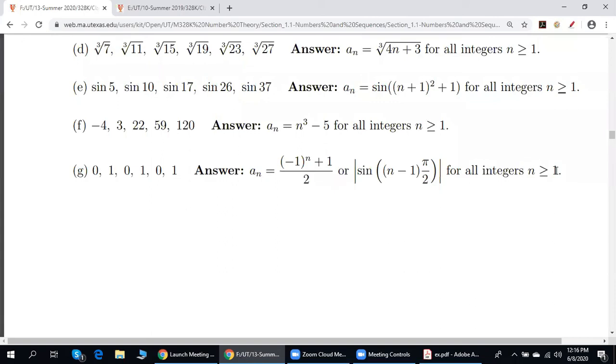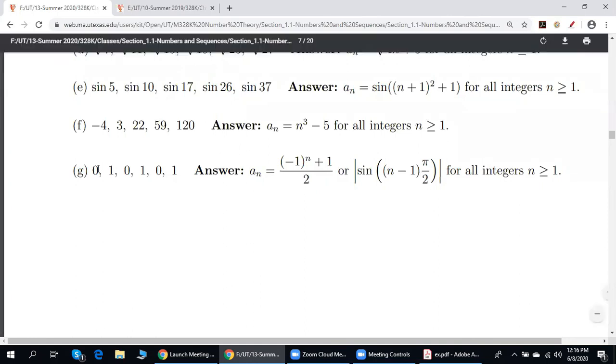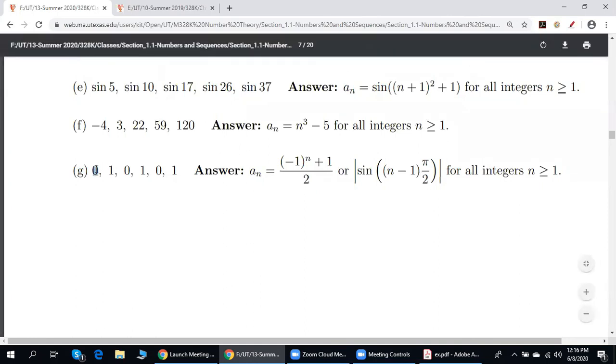If n is equal to 1, we have sine of 0, which is 0. We start with 0. If n is equal to 2, we have sine of pi over 2, which is 1. If n is equal to 3, we have sine of pi, which is 0. Now, careful.